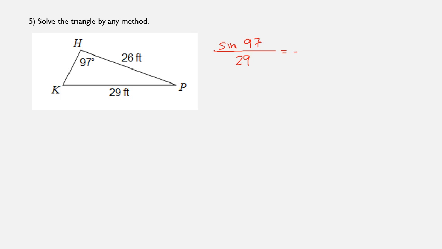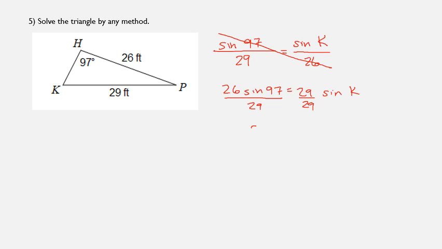Now the other thing I have is the side 26, and that's across from angle K. So cross multiply 26 sine 97 equals 29 sine of K. The K is stuck inside the sine, so we can divide off the 29, and then we'll have to use the sine inverse. So we're going to type in this 26 sine 97 over 29.